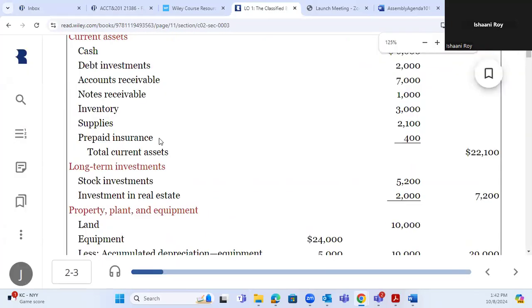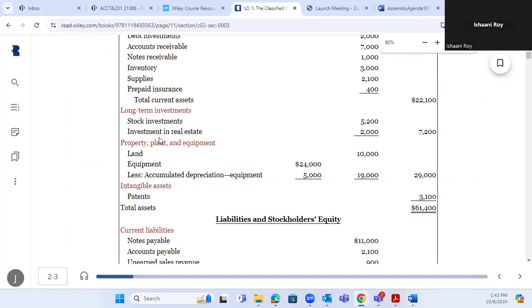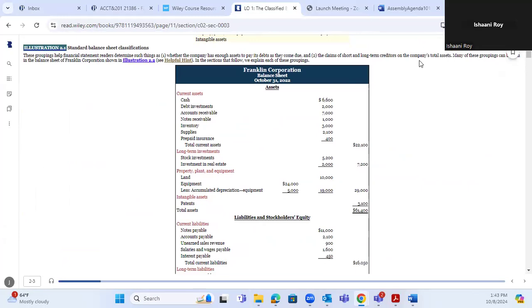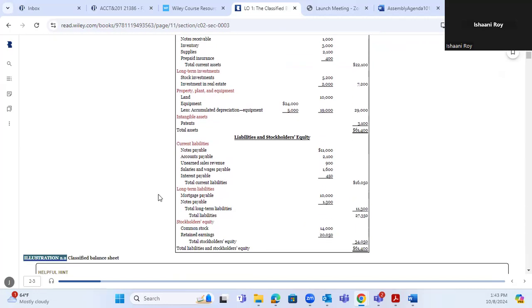I'm going to reduce the size so we can get it mostly on one page. I love this example because it's got the classified sections: current assets, long-term investments, property, plant, and equipment, intangible assets, current liabilities, long-term liabilities, stockholders' equity.